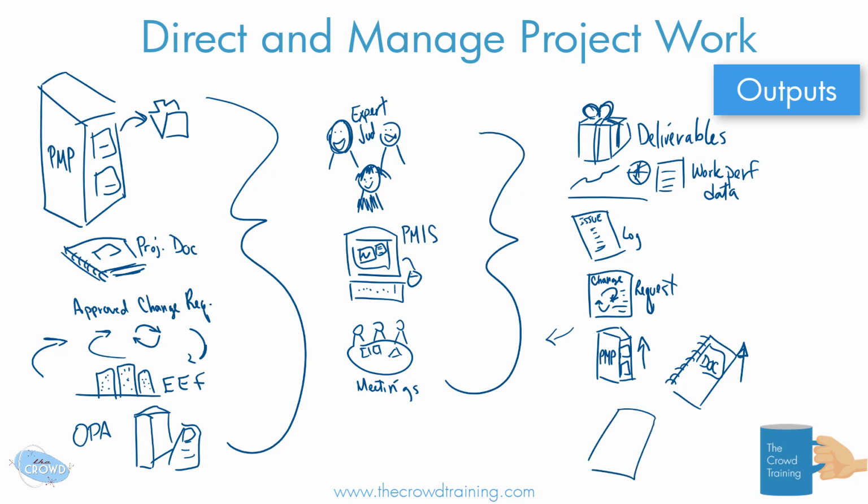Maybe the templates that we're utilizing are actually not good, they need to change, or maybe they are good and we just need to find a way to enhance them, or whatever the case might be. So those various different organizational process assets are going to also be updated. I'll make this a little better so we can see it. But all of those are your outputs.